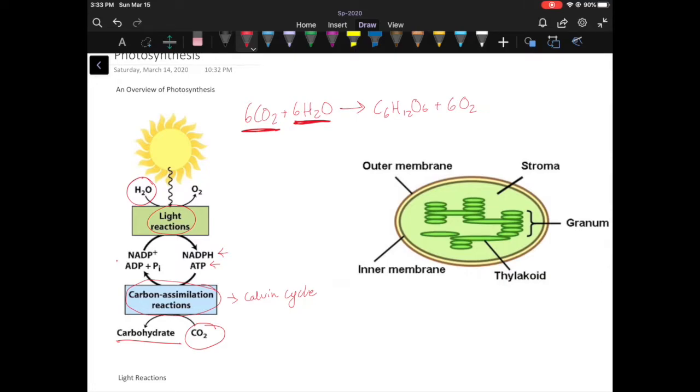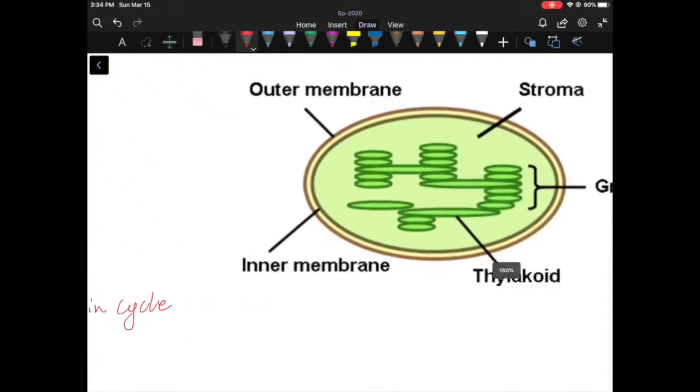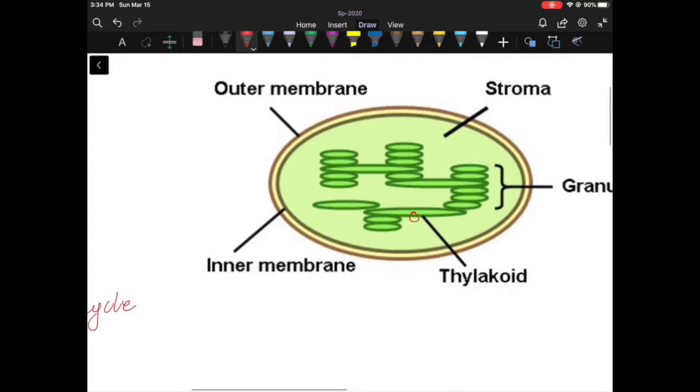All right, so next we'll talk about where all this occurs. The main organelle is a chloroplast, and the light reactions occur in the thylakoid membrane, which is the membrane in the thylakoid in this diagram right over here.